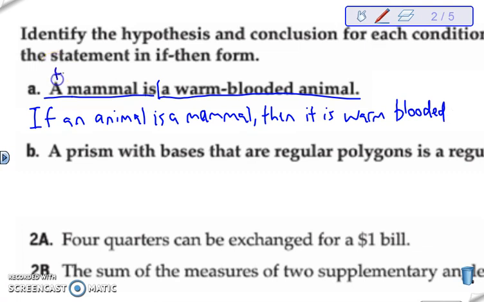So again, we made the mammal portion our hypothesis, and the rest we made our conclusion. Okay, for the second one.